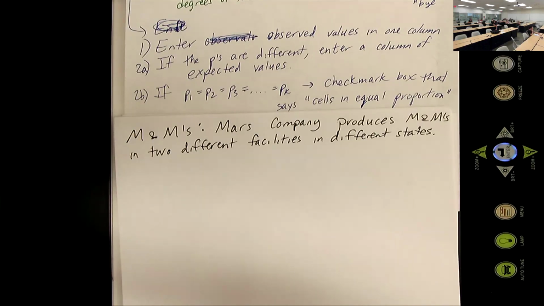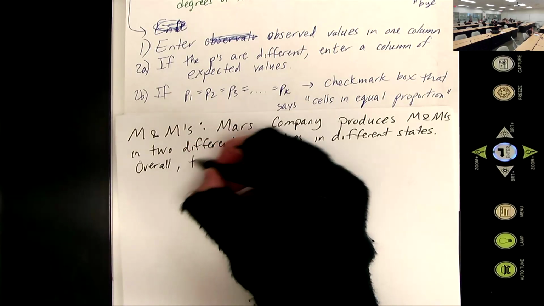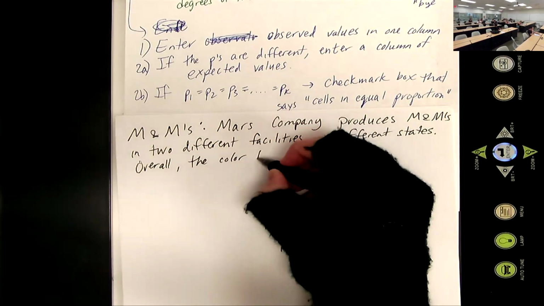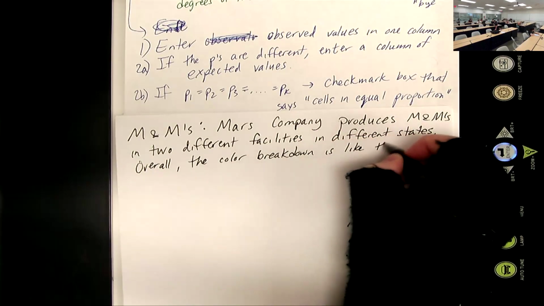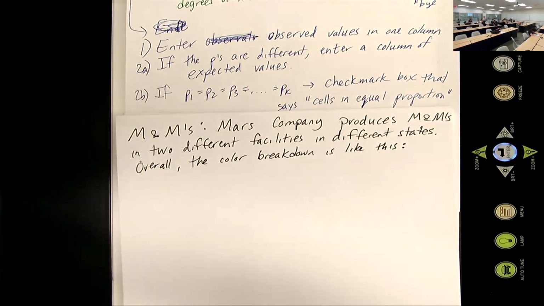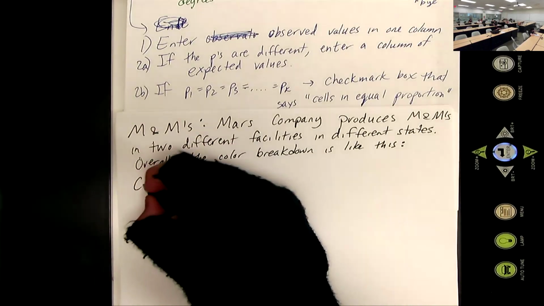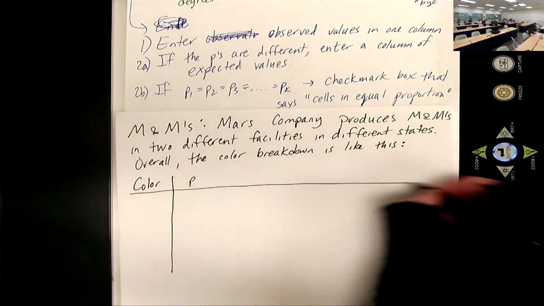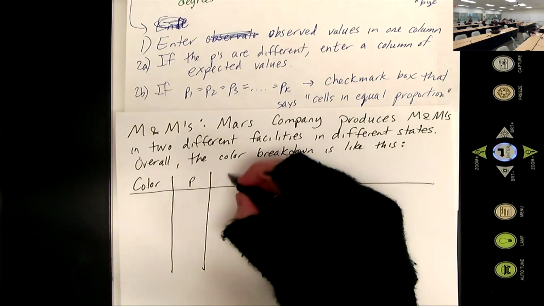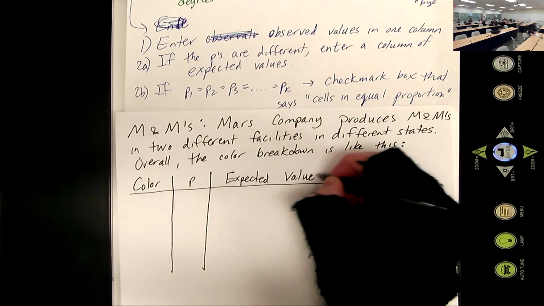But if we look at them all overall, the color breakdown is like this. It's actually different percentages at different factories, but if you do them all together. Let's make a chart with a column for color and a column for P. And since we're doing an example, I'm gonna have a column with expected values, and I'm gonna make that one kind of wide.